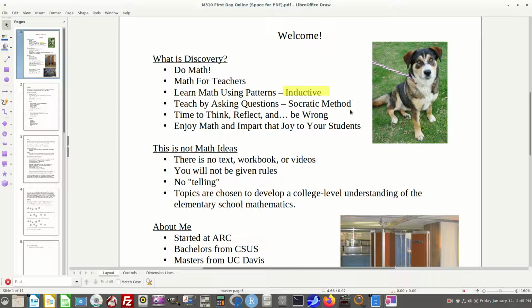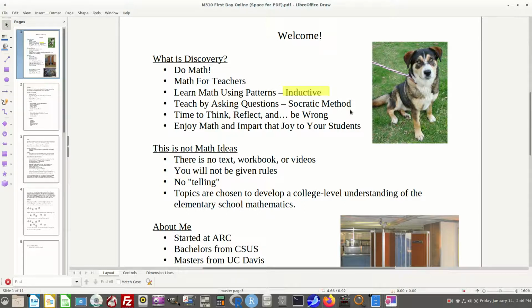So compared to math ideas, there is no text, there is no workbook, and there are no videos of me explaining a topic. You will not be given rules. That is a deductive way of teaching. This course is structured along the Socratic method using an inductive method.